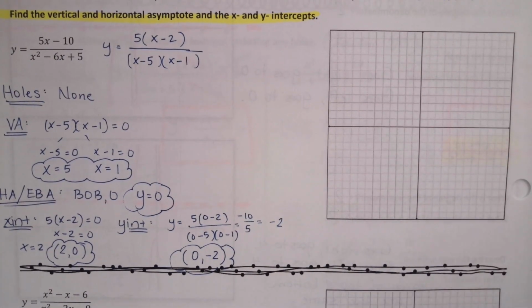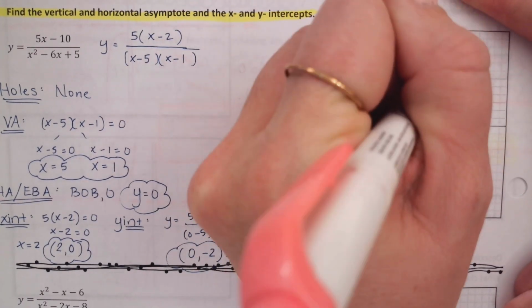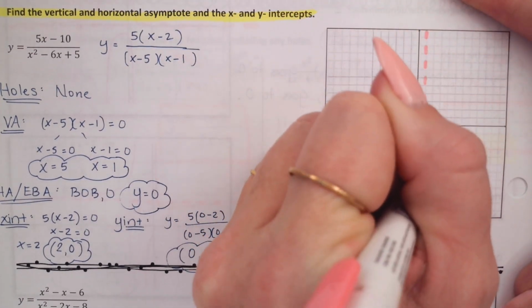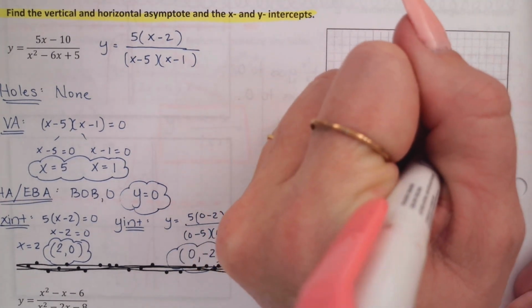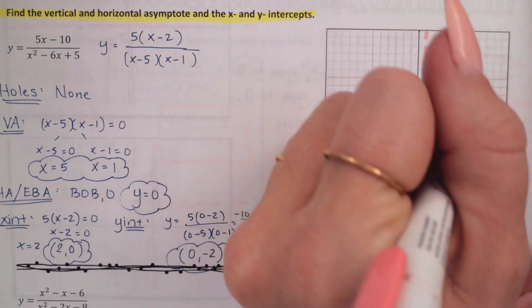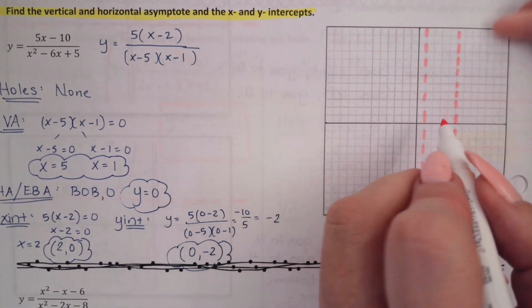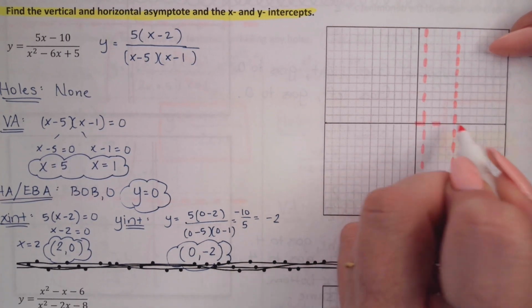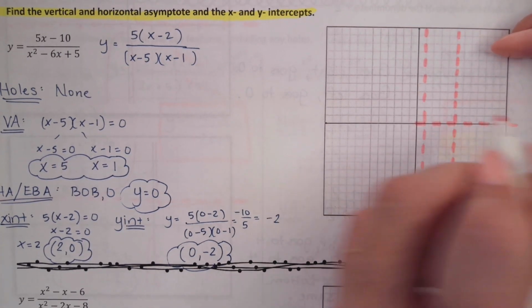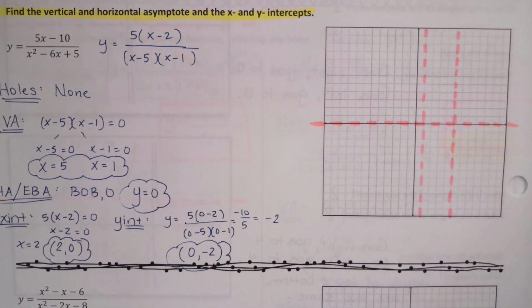All right, let's put all this on our graph. I have a vertical asymptote at 5, another one at 1. And I have a horizontal asymptote at y equals 0. Remember, you can technically cross the horizontal asymptote.